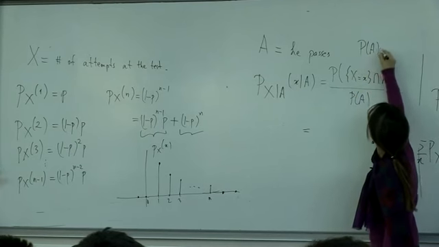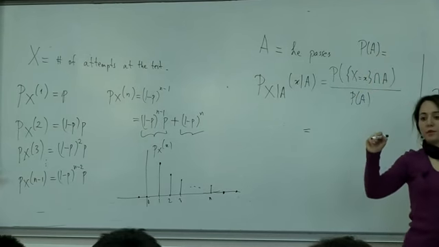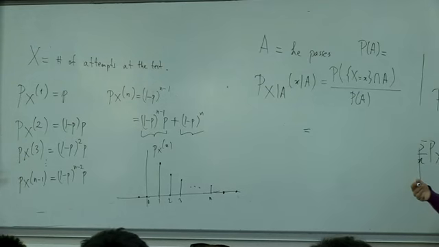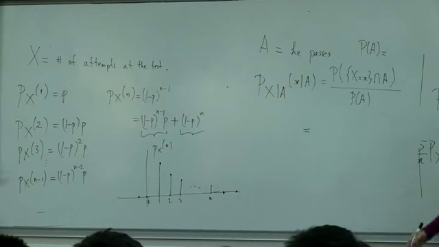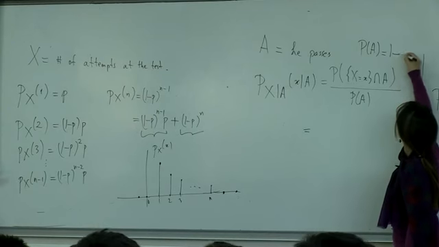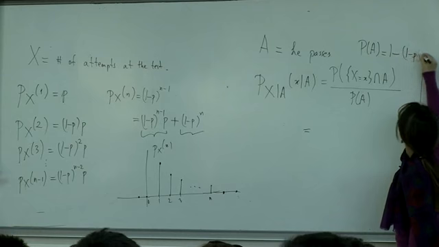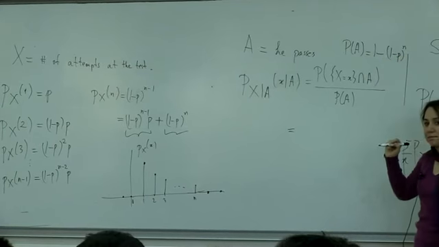P of A. The probability that he does not fail eventually. The probability that he does not end up failing all n attempts. 1 minus the probability of failing all n attempts.